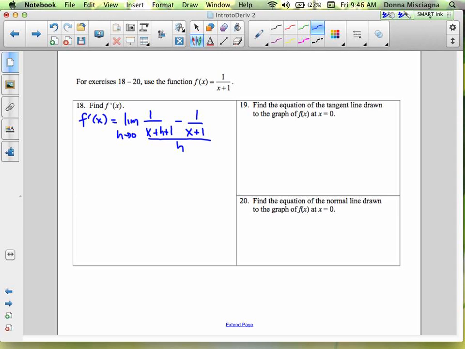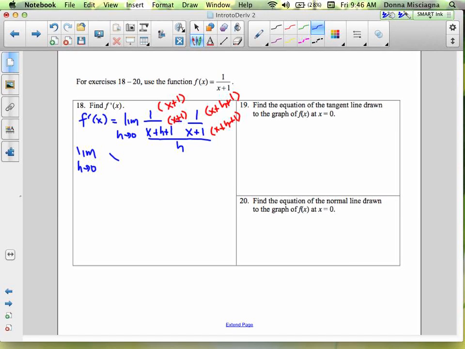all over h. Again, we're going to need a common denominator. So we're going to multiply the first fraction, the numerator and denominator, by x plus 1. And then we're going to multiply the second one by x plus h plus 1. Right, so we have the limit as h approaches 0.